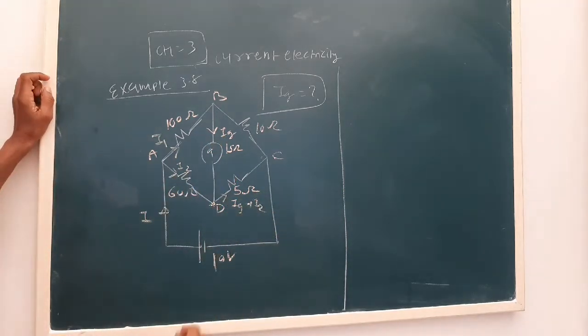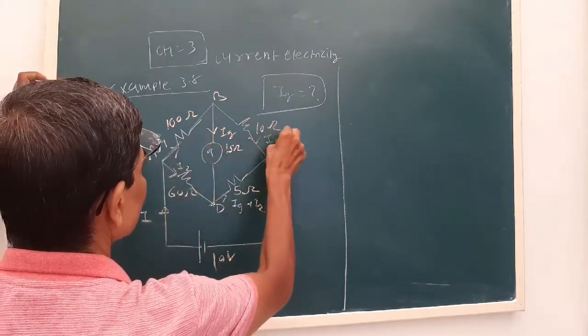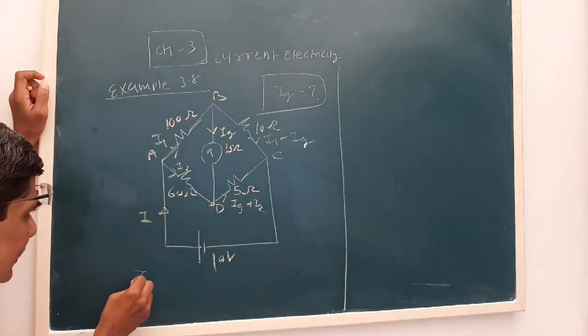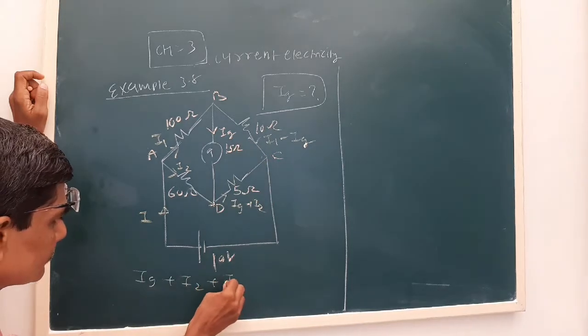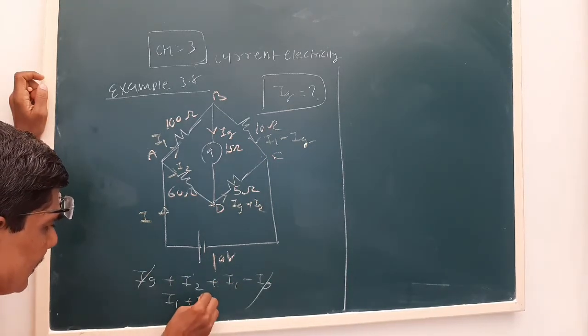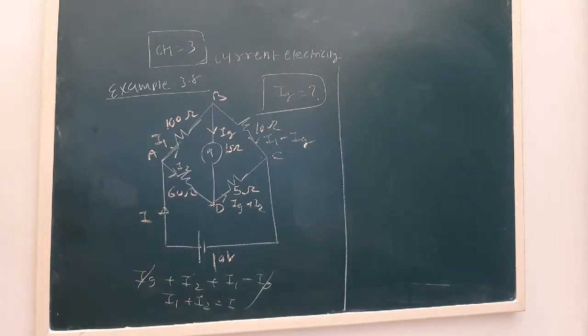In the BC part the current will be I1 minus Ig. Now at C, Ig plus I2 plus I1 minus Ig gives I1 plus I2, that is I, the total current. This is how the current division will take place.